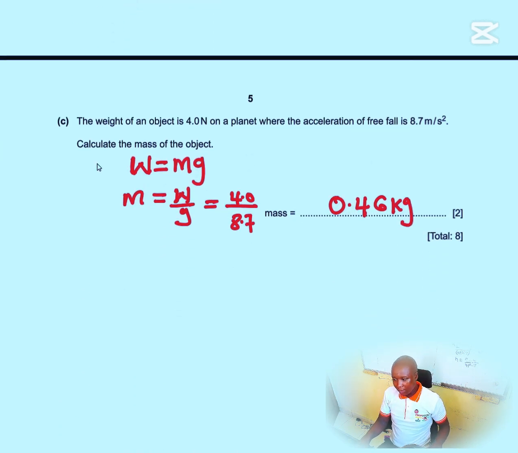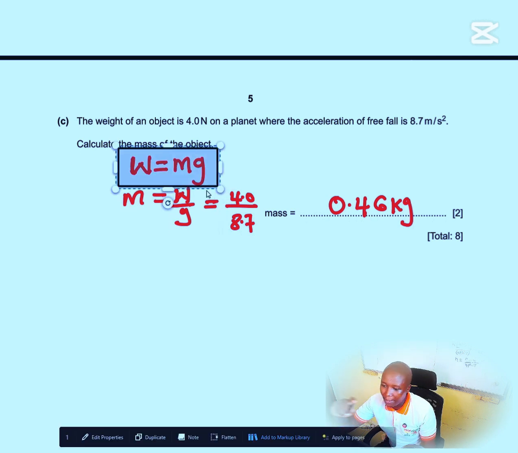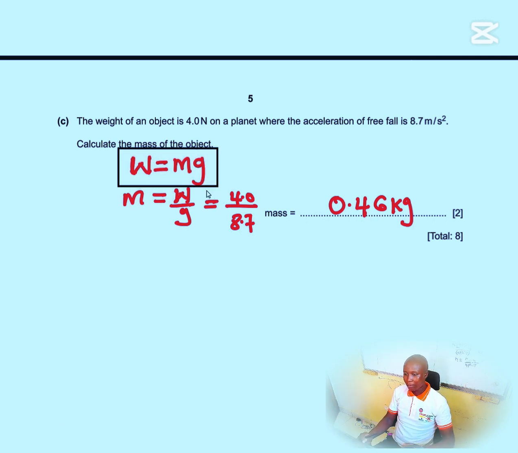Now, another concept that you need to know at IGCSE level is how to calculate weight. Remember, weight is a force, which is calculated by mass times gravitational field strength.